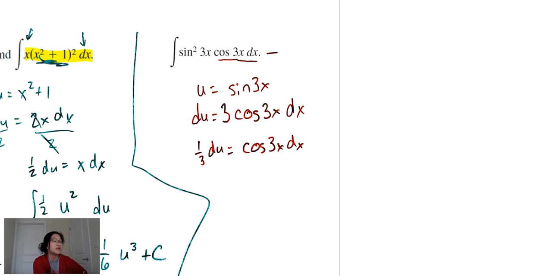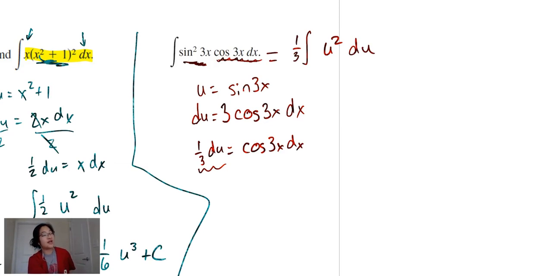So that means that this is equal to the integral of sine squared of 3x, which is u squared, and then cosine 3x dx, which is 1/3 du, so I'm going to multiply by 1/3 and du there. And the 1/3 can come out of the integral symbol, or out of the integrand, because we have scalar multiplication.